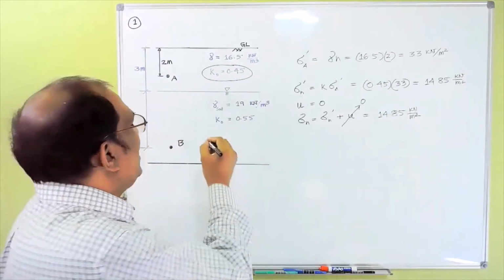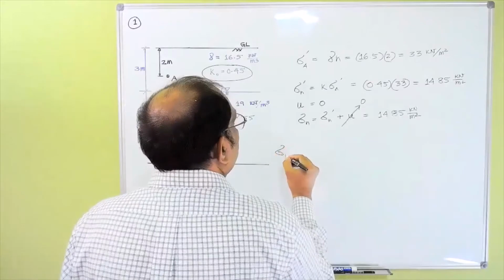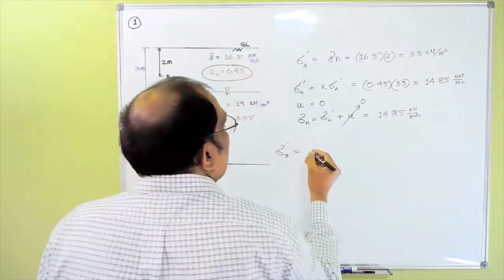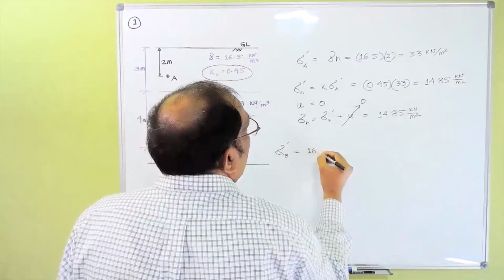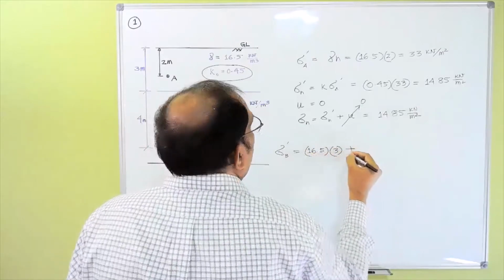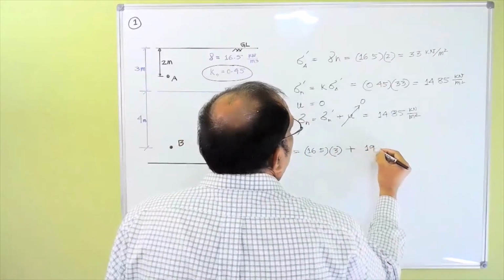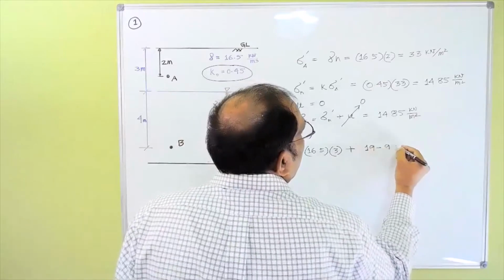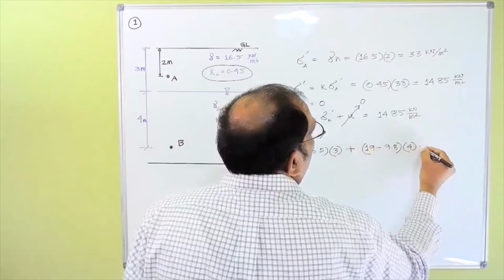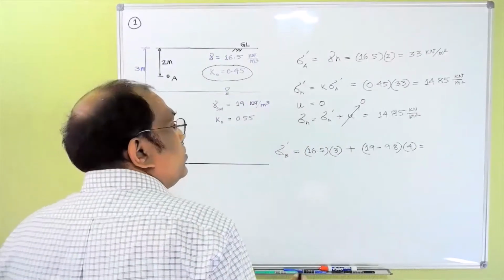Now, if you do that for point B, then the effective stress at B would be 16.5 into 3 meters plus 19 minus 9.8, that's the submerged unit weight, into 4. And that's basically 86.26.